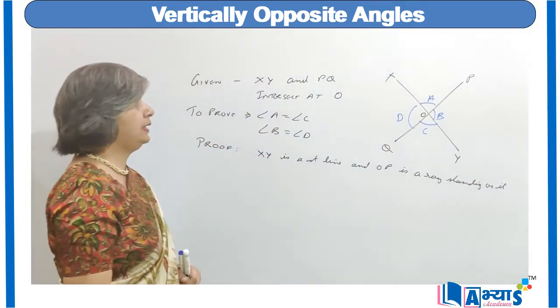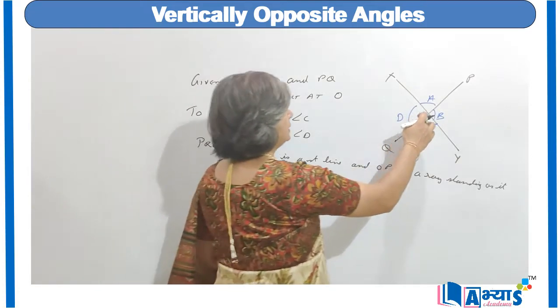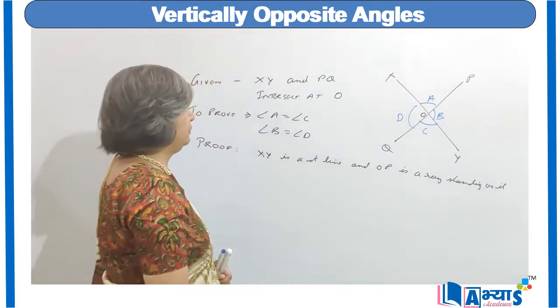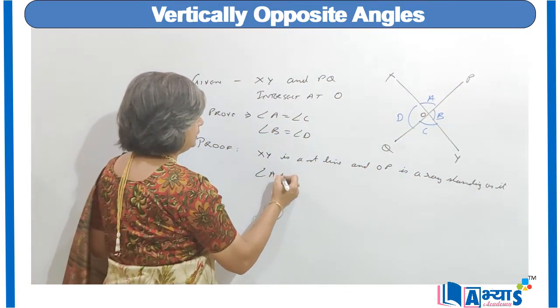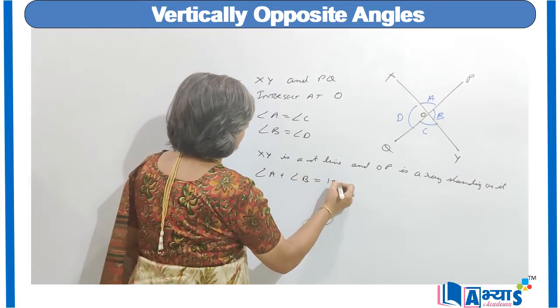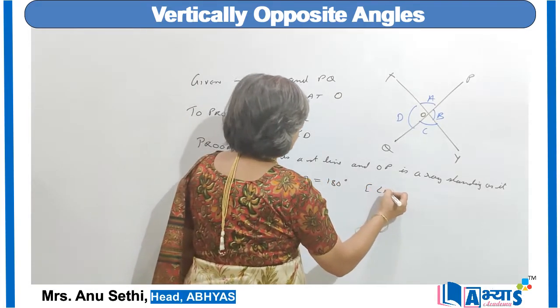That means XY is a straight line and OP as a ray stands on it. So we can say that angle A plus angle B is equal to 180 degrees. They are linear pairs.